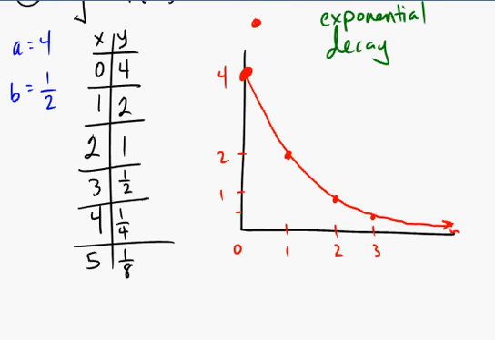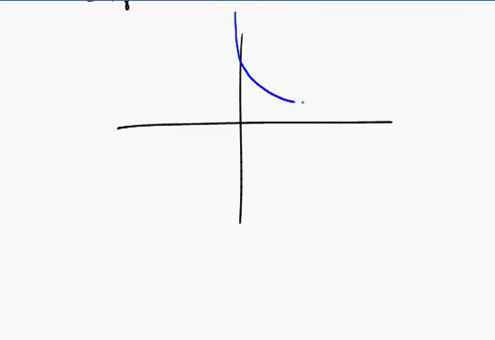Okay? So what we have here is an example where you could say, all right, well, this is an example of exponential decay, right? That happens when the b is less than 1.